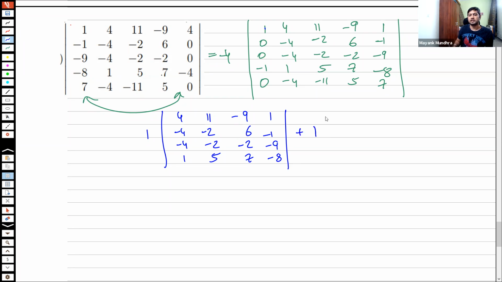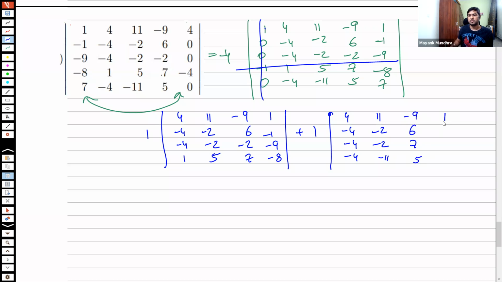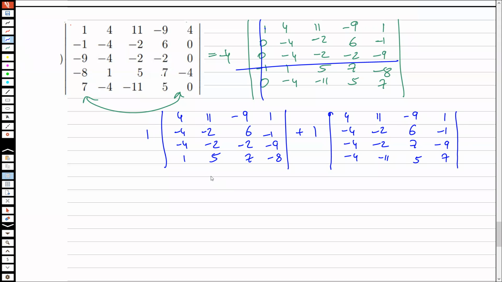So again, plus 1 times determinant of, if I remove this column in this row, so 4 minus 4 minus 4 minus 4, 11 minus 2 minus 2 minus 11, minus 9 6 7 5, 1 minus 1 minus 9 7. So not 7 minus 2.